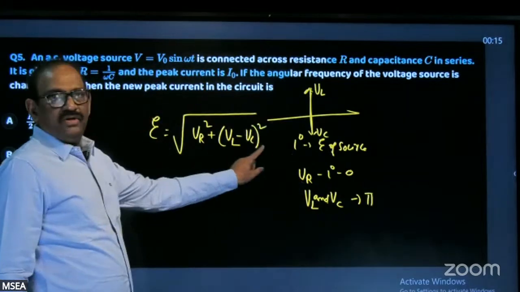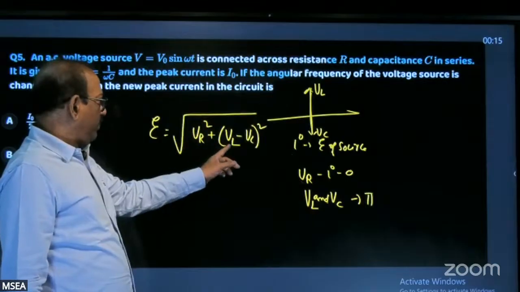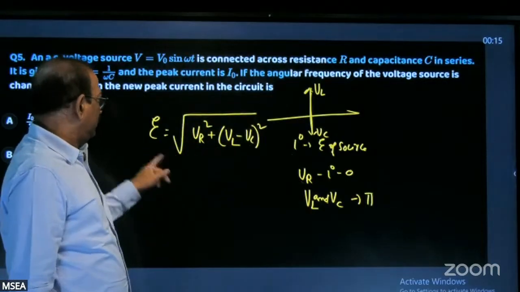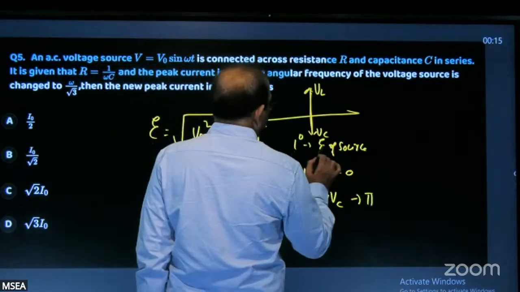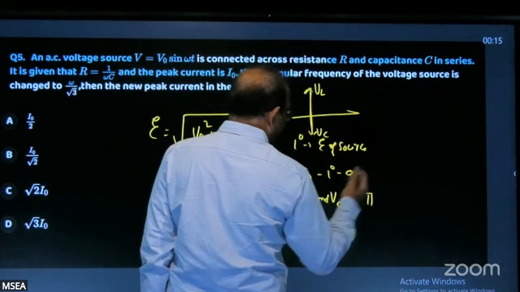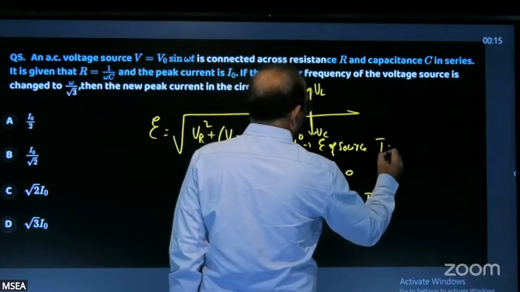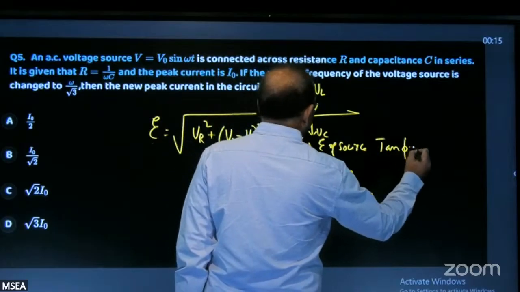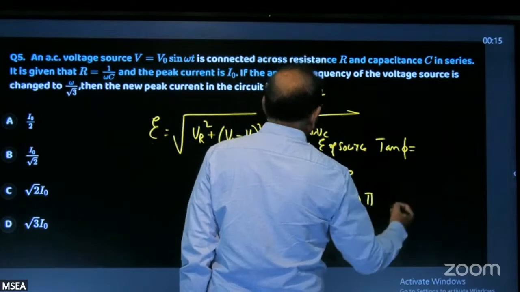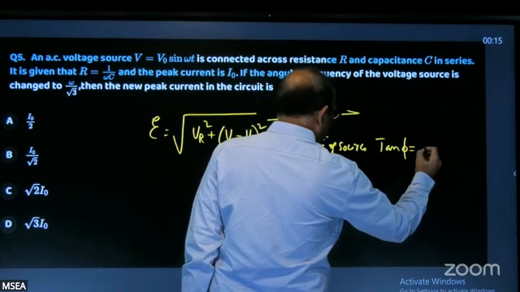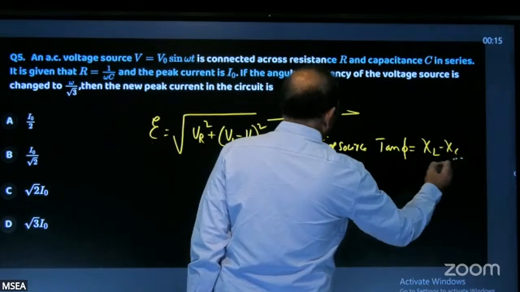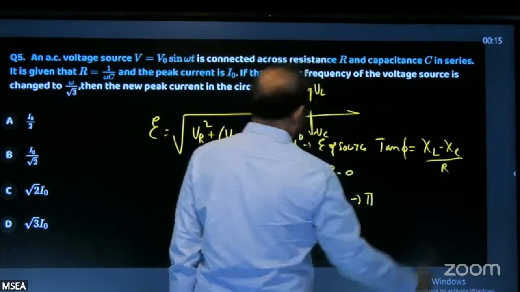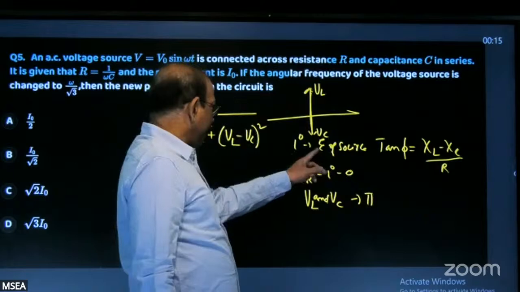This is the relation between VR, VL, VC and E. This E is the source EMF. To find the phase difference between current and source EMF, you have that formula: tan phi equal to capacitive reactance difference by R. That is between I and E.